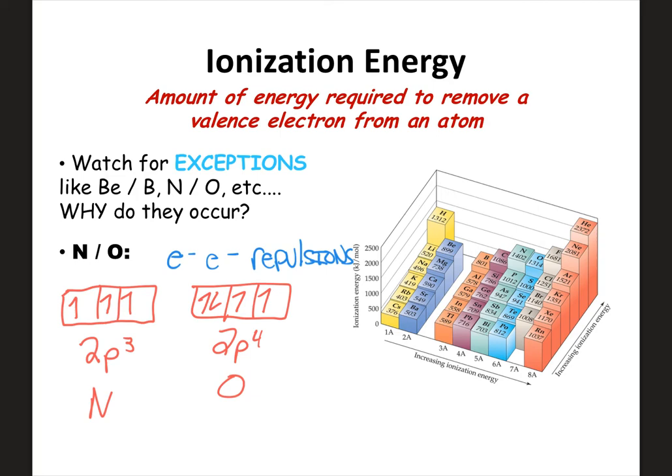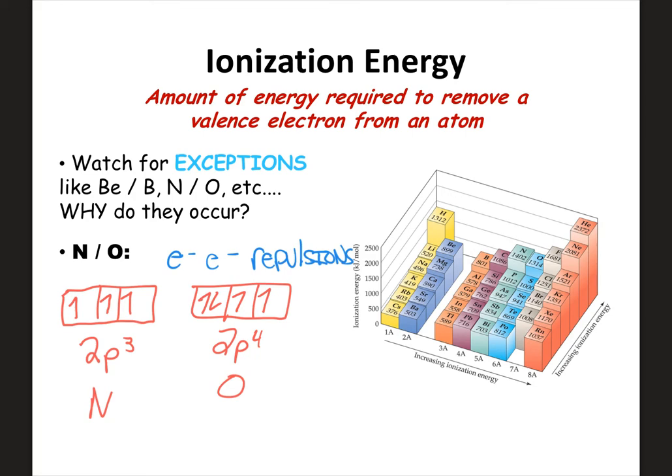Both of these electrons are negatively charged, and even though they're spinning oppositely, they still repel a little bit. So oxygen drops a little bit in ionization energy, meaning it's a little bit easier to remove that electron than it was to remove this electron in the nitrogen.